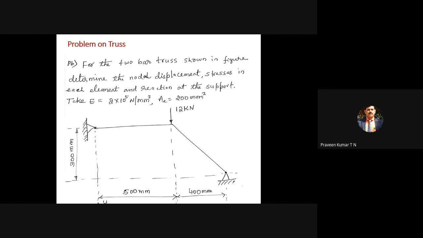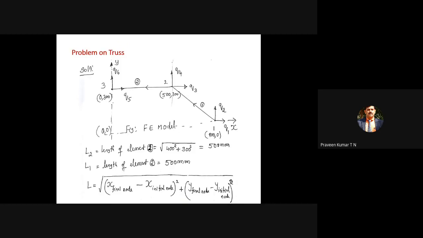The hypotenuse you can find out by the square root of 300 square plus 400 square, because sometimes they may give the dimension for each element, and sometimes they will not give the dimension. They give the dimension in an indirect way. In such cases, you have to calculate the length of the element. So the length of element 1, this is L1.